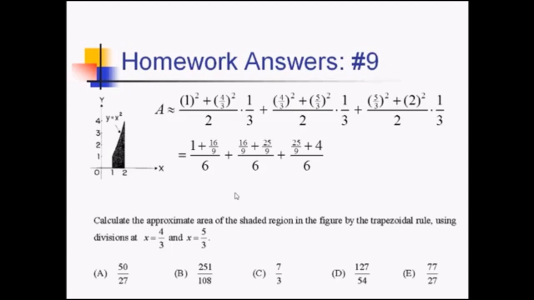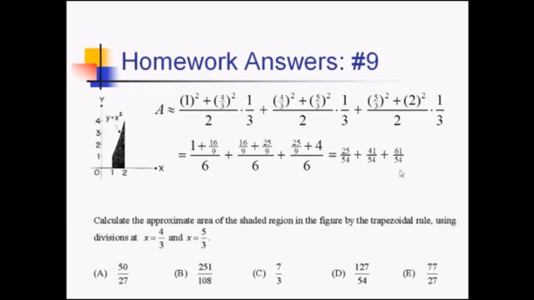Simplifying a little bit further, this is going to be 9/9 plus 16/9, so that's 25/9 over 6, which gives us 25/54. Next, we've got 41/9 over 6, so 41/54. And then we've got 25/9 plus 36/9, so that's 61/9 over 6, which is 61/54.